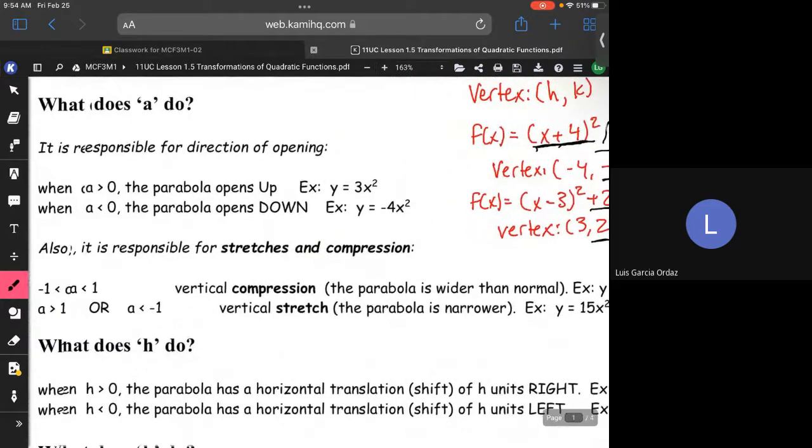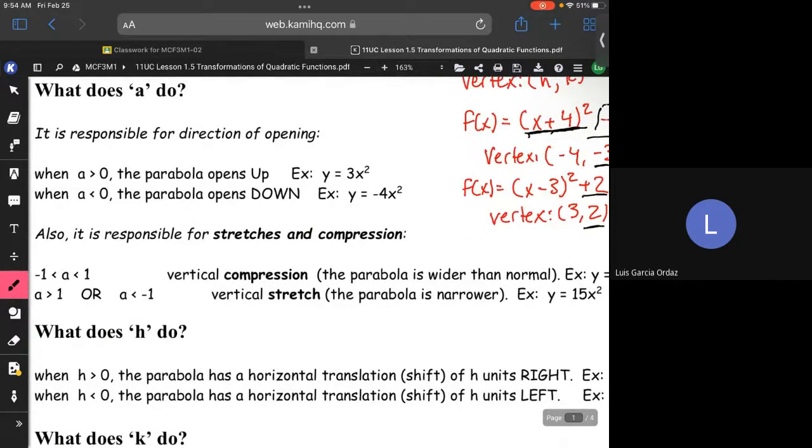So like I said, what does A help us do? A is responsible for telling us the direction of our opening. So like we said yesterday, if A is negative, our graph opens which way? Down. So when A is less than 0, the graph opens down.